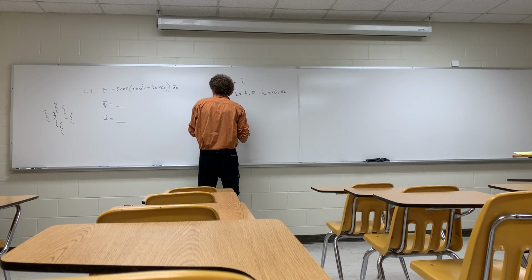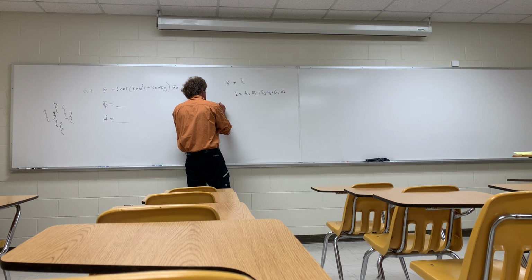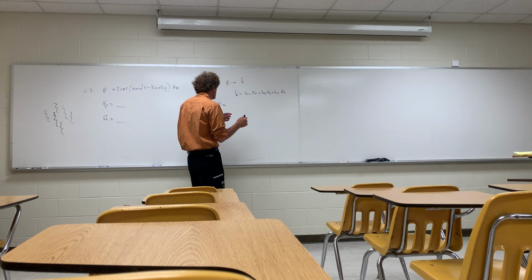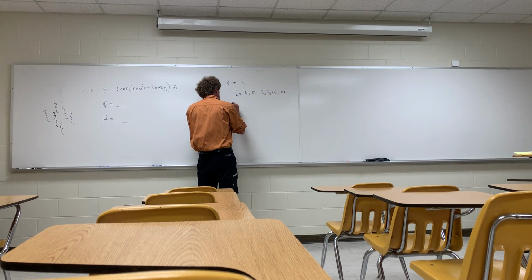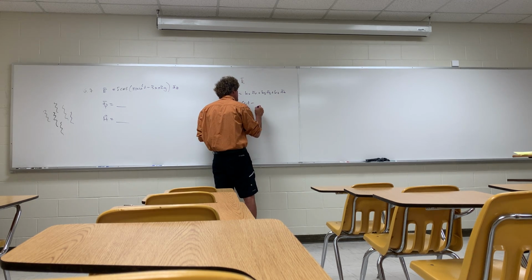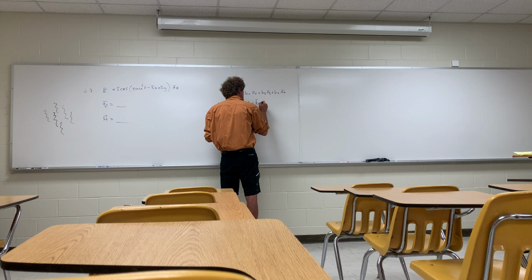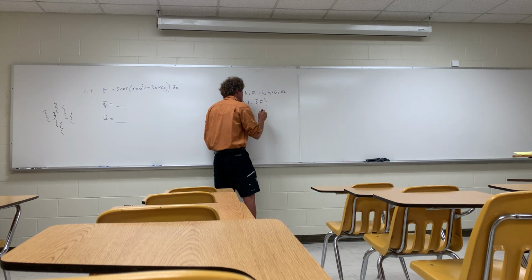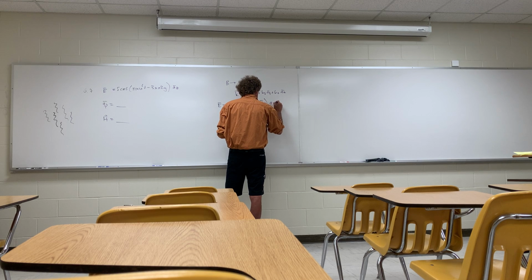Now, normally, when you talk about an electric or magnetic field propagating, at the upper level courses, you would have some E naught, if it's lossless, times cosine of omega t minus k dot r, where r is a position vector.